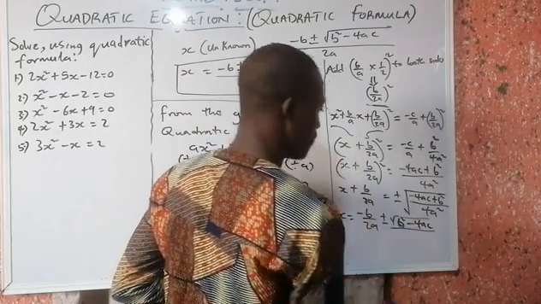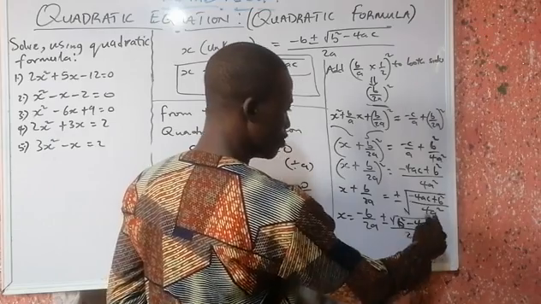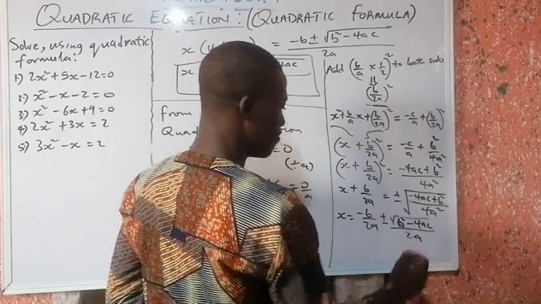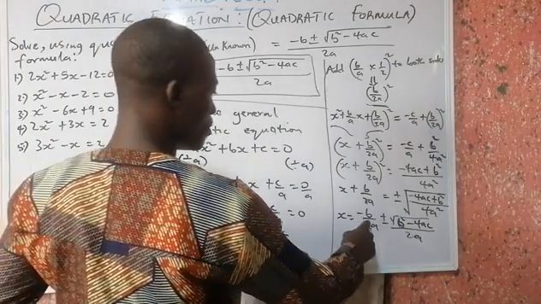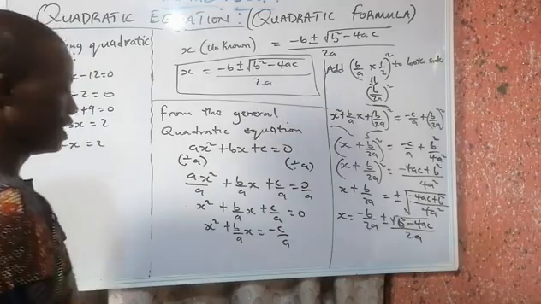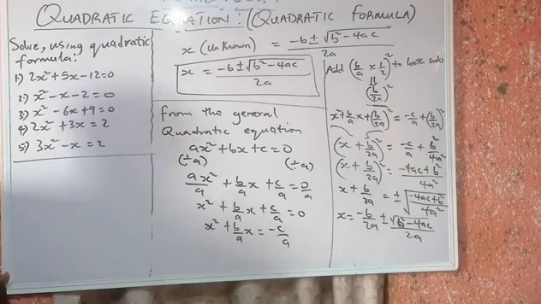Then over, now the square root of 4 will give me 2. The square root of a squared will give me what? a. And that will give me what I have on the board here. Okay, let me finish it up on this side.